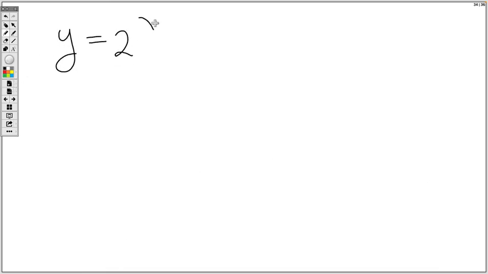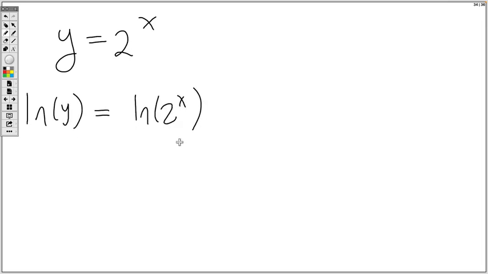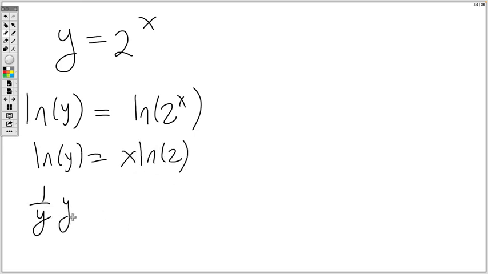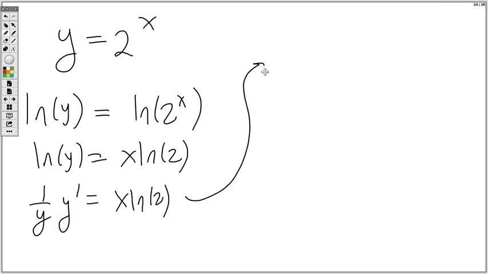If you've got y equals 2 to the x, you can take the natural log of both sides, use properties, implicitly differentiate. And you could get the derivative property that way.